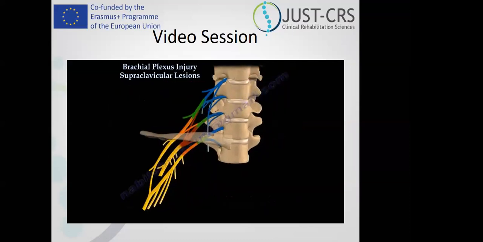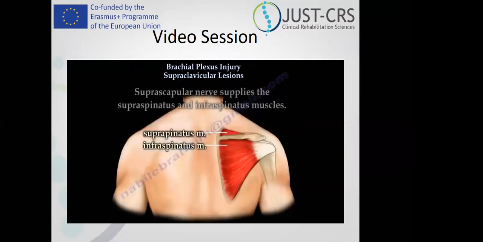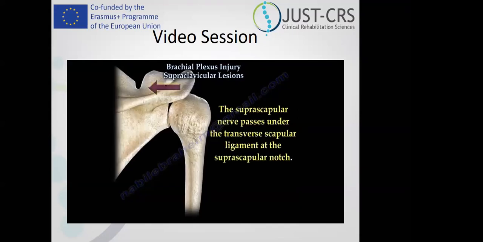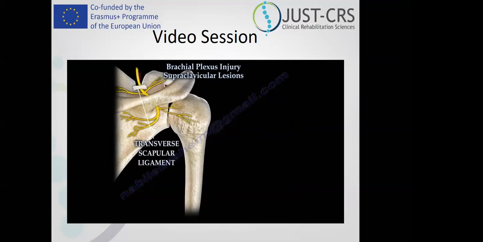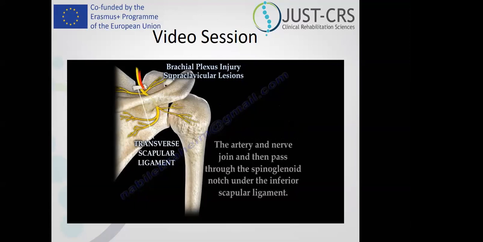The second nerve is the suprascapular nerve, which innervates the supraspinatus and infraspinatus muscles. The suprascapular nerve passes under the transverse scapular ligament at the suprascapular notch. The transverse scapular artery runs above the transverse scapular ligament.